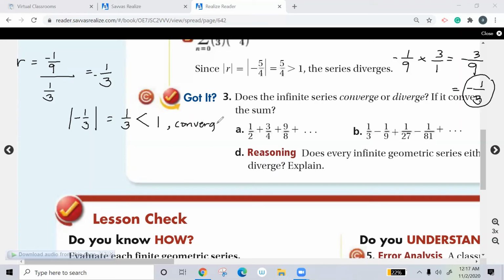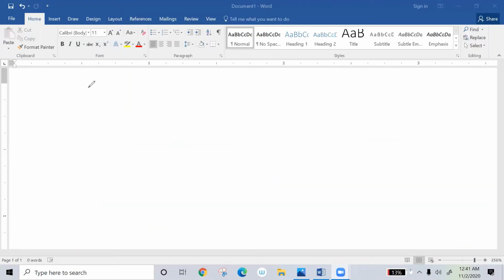So if this is less than 1, the series converges. Okay, if the series converges, we will proceed to the formula for finding the sum. So S is equal to A sub 1 all over 1 minus R. What is our first term?